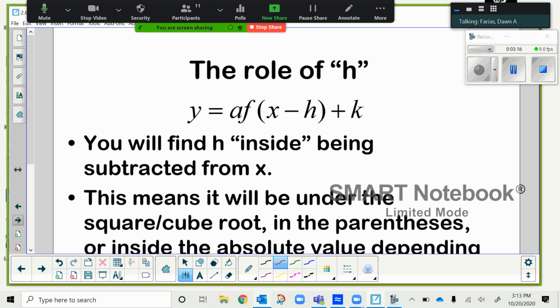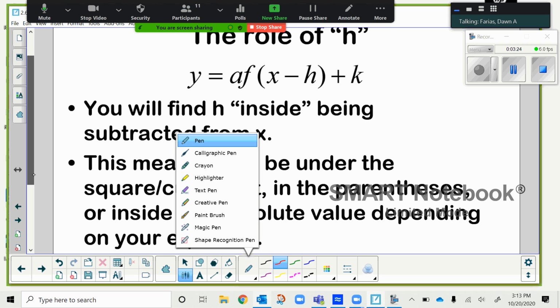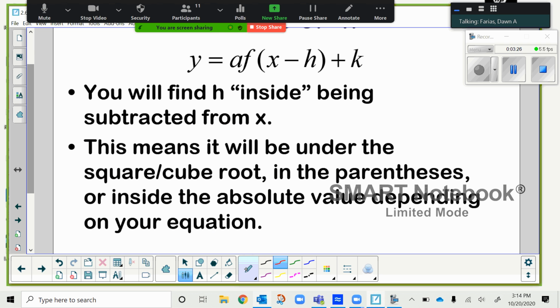The first one we're going to talk about is h. Okay, so I'll just highlight the major things I think you should be writing down, because the rest you can go read more carefully later. So h you will find inside, being subtracted from x.